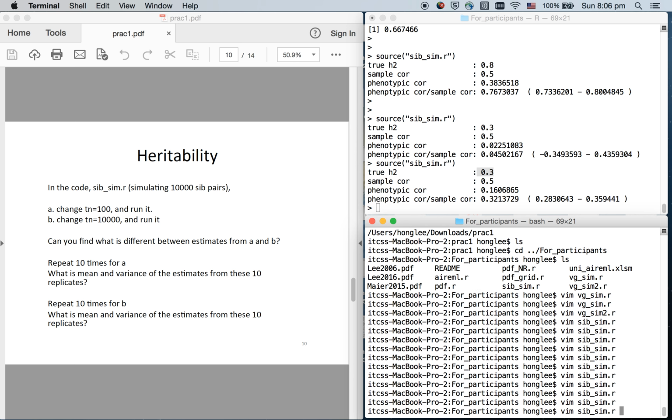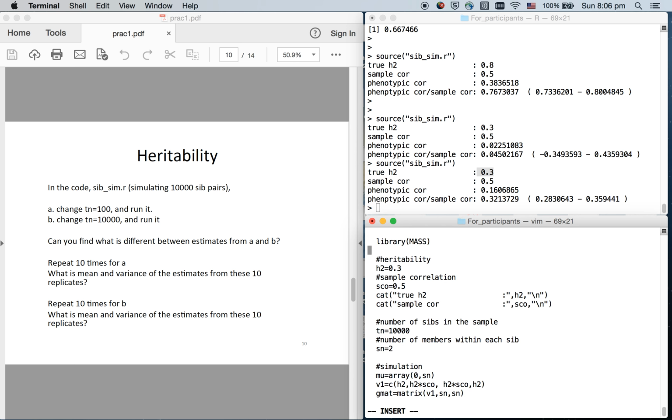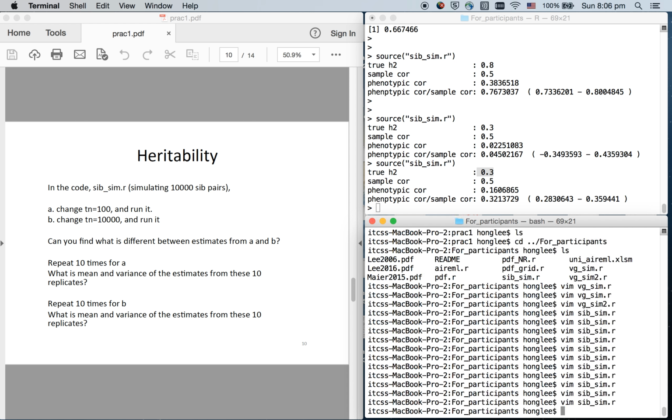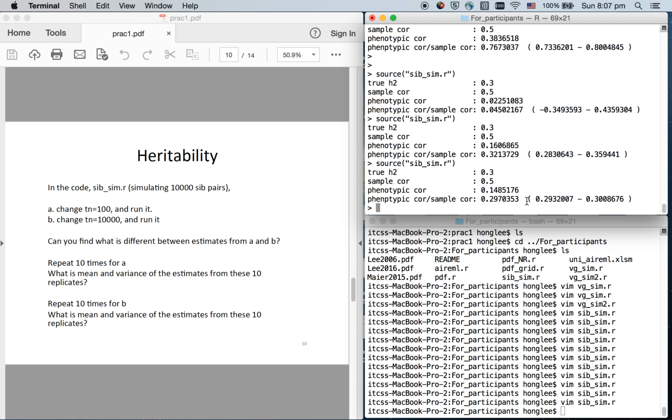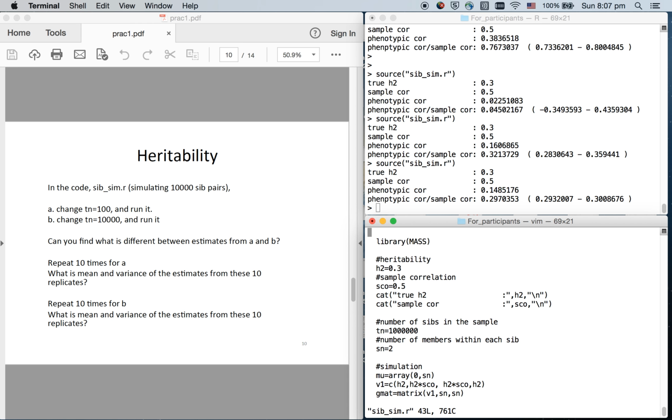Maybe you can try with a bigger number, let's try 100,000, a million. Okay, then it's very close to 0.3, right? The confidence interval is only 0.001 or something. So this is really high power, close to the true values. So design is important in terms of power, and the number of records is very important.